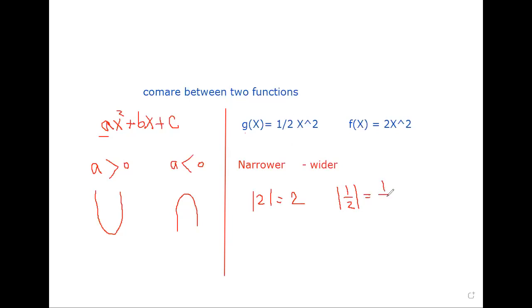So which one now will be narrower? Narrower means that you have the greater value of A. Then f of x will be narrower than g of x, or g of x is wider than f of x. Also, you can find a question like this.